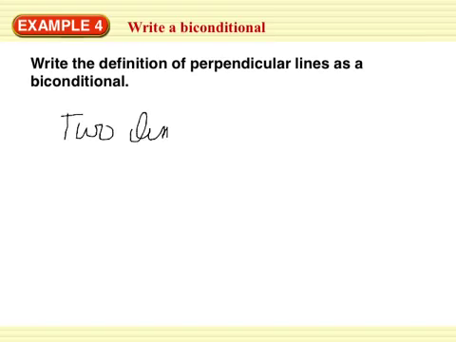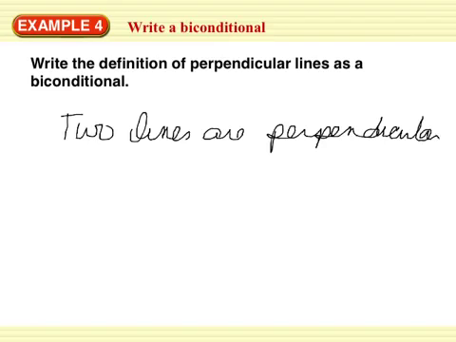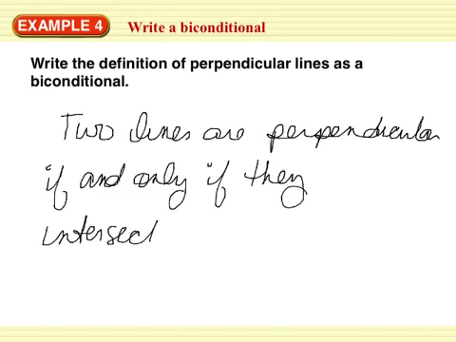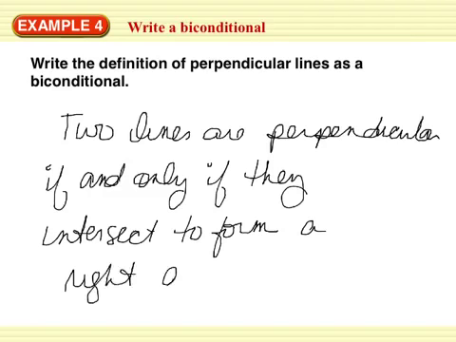Two lines are perpendicular if and only if they intersect to form a right angle. And like I said, everyone's answers are going to be different. You just have to get the main parts of it.